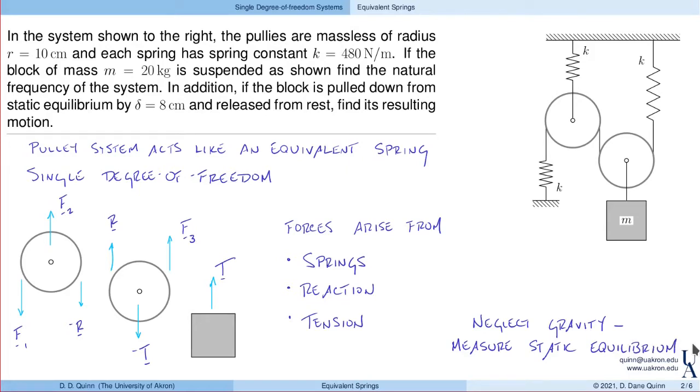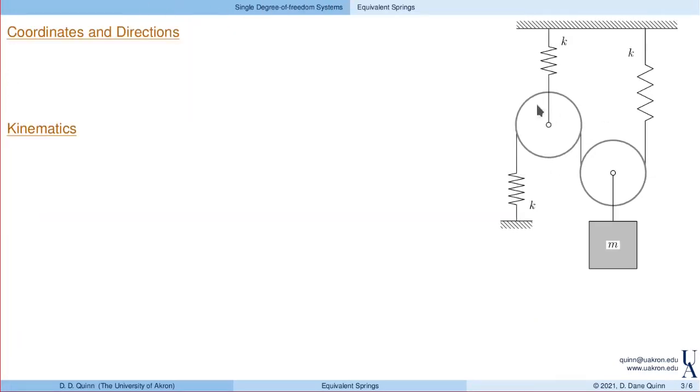Which brings us to the coordinates and directions. So here we have our system again. Start off with directions. It makes sense to define I and J. Here I is horizontal, J is in the vertical direction. And then we need to identify the coordinates that we need for both the motion and the forces.